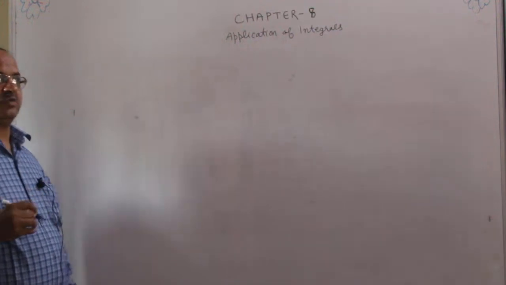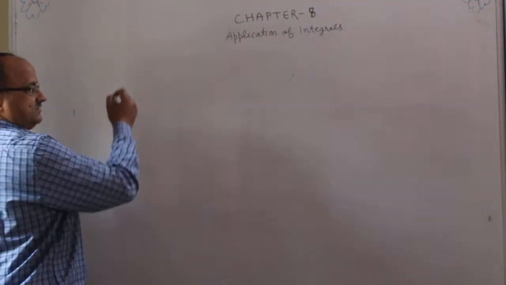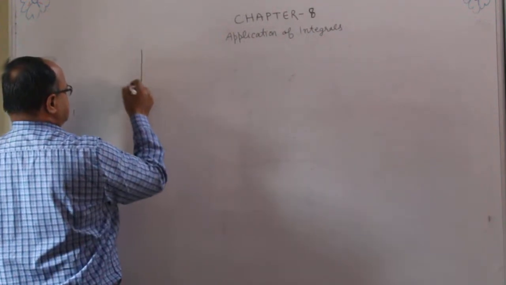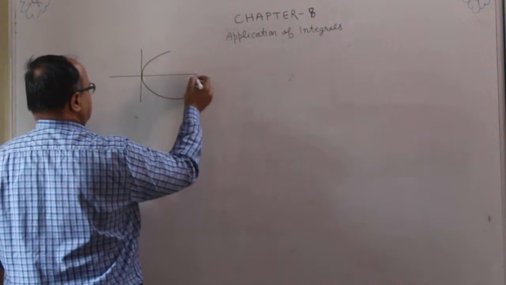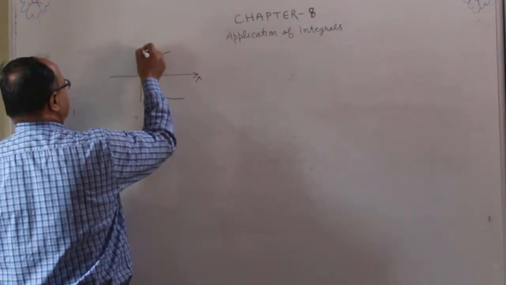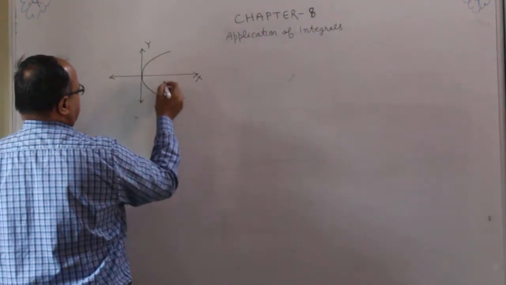In this topic there are some basic concepts of conic sections. First, the right hand parabola.